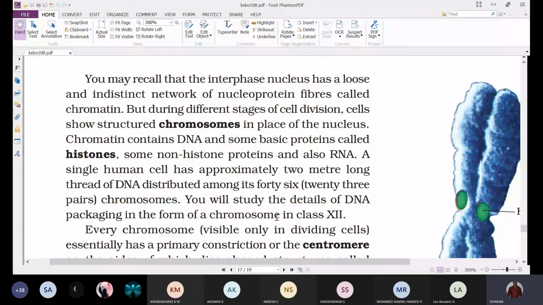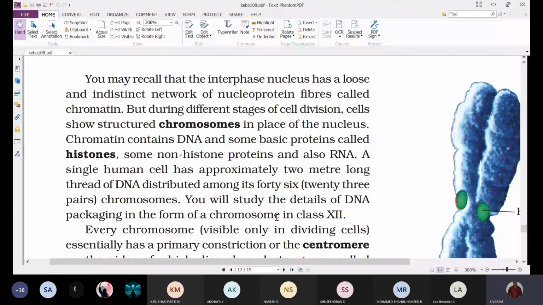Because during interphase, the genetic material is present in the form of a long thread coiled structure, a single long coiled structure called chromatin. But at the time of cell division, the chromatin material is condensed into small structures called chromosomes.